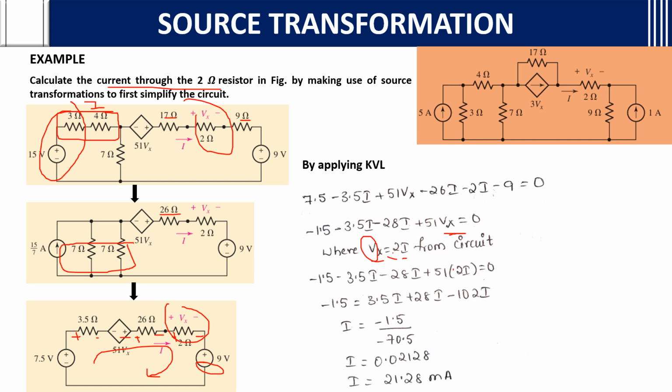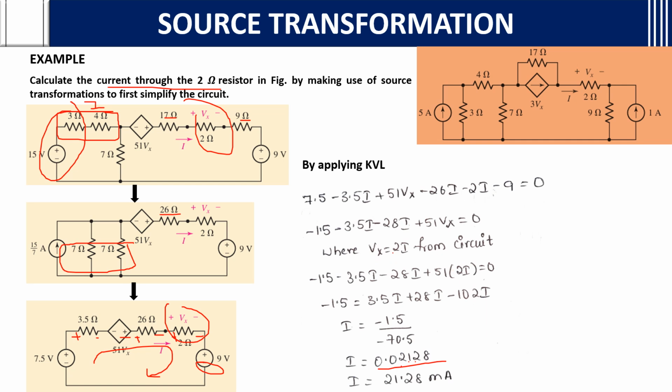If you substitute this, you get everything in terms of I, so I can be calculated. You'll get 0.02128, so I is 21.28 milliampere.